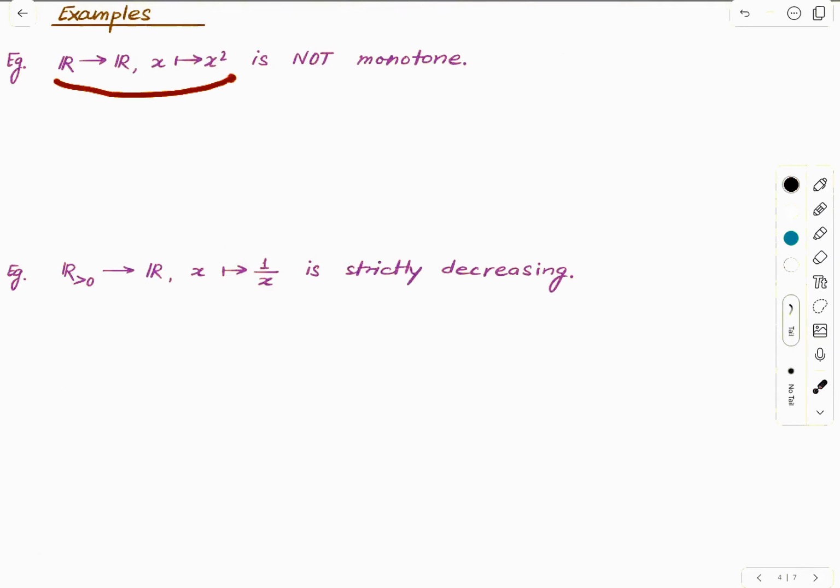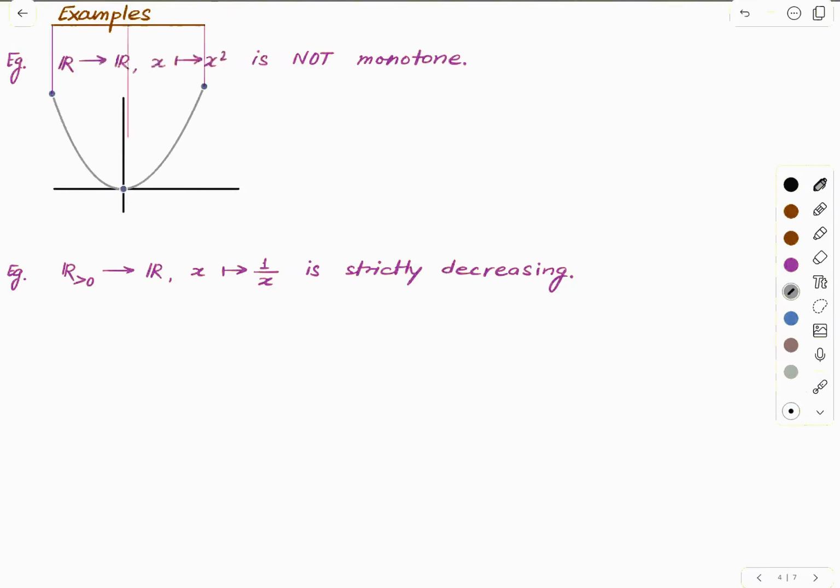This function is not monotone, right? I'm sure you can formally justify why, but if you want to draw the graph, the graph looks something like that. And if you take these 2 points, these witness that the function cannot be increasing because the value comes down.